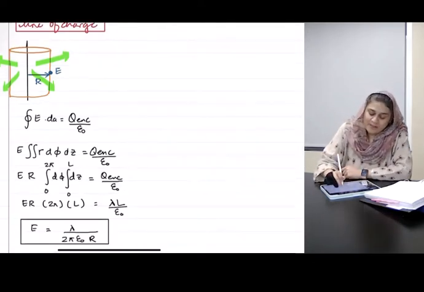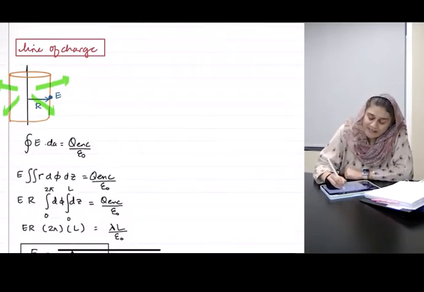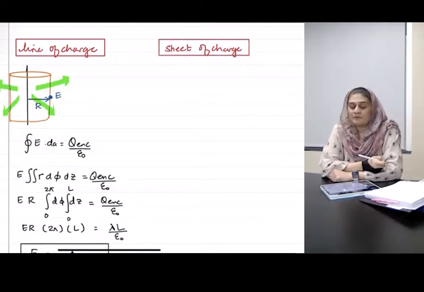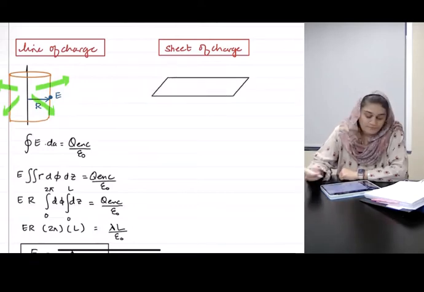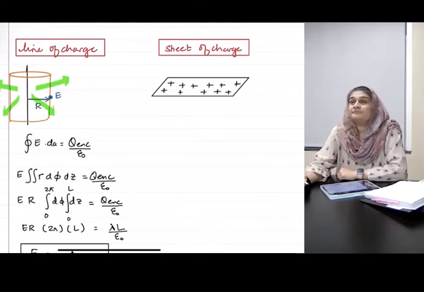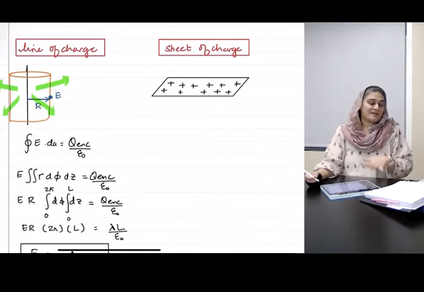Excellent. Now, what if instead of a line of charge, I actually had a sheet of charge? My sheet of charge will look something like this, and let's suppose I choose it to be a positive charge that's everywhere. Now, what kind of symmetry would make the most sense in this case?